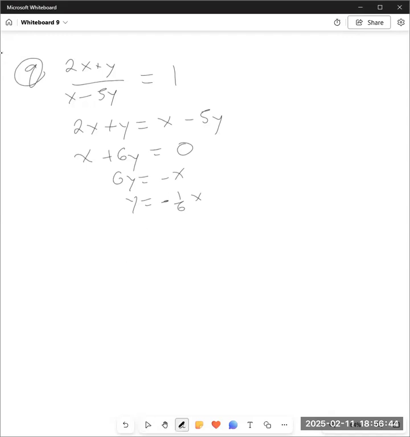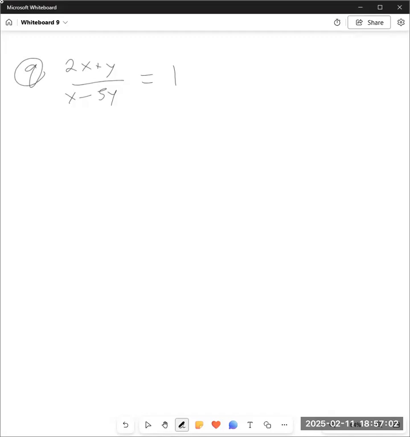Let's see if we get that when we deal with it the way that it was given to us, okay? If not, it's because we made a mistake multiplying both sides by x minus 5y and changing the domain of the problem.